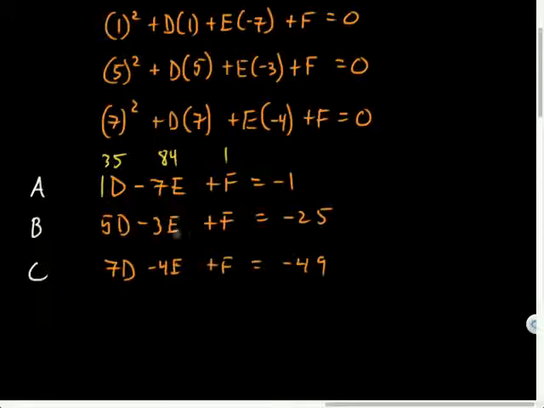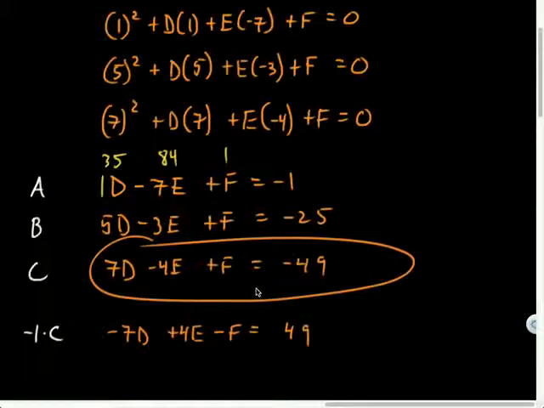It doesn't really matter which one I pick, but let's just multiply -1 times c just for funsies. So I'll get negative 7d plus 4e minus f equals positive 49, right? Just changing the signs of that guy right there.